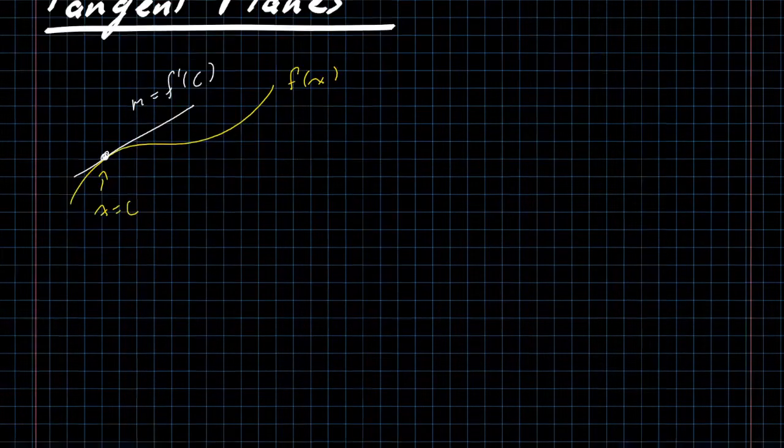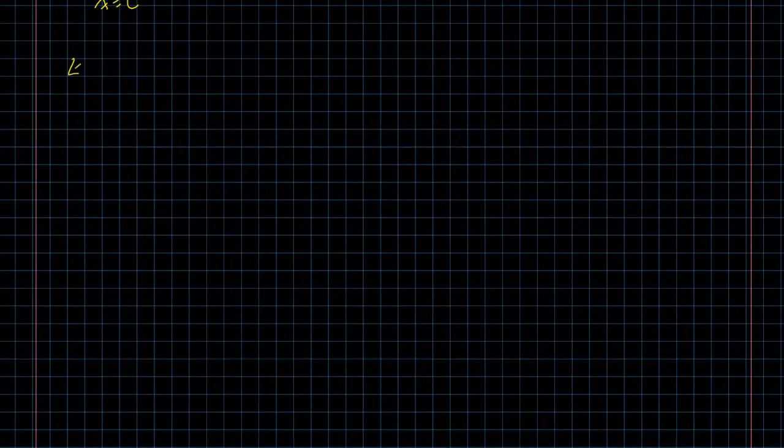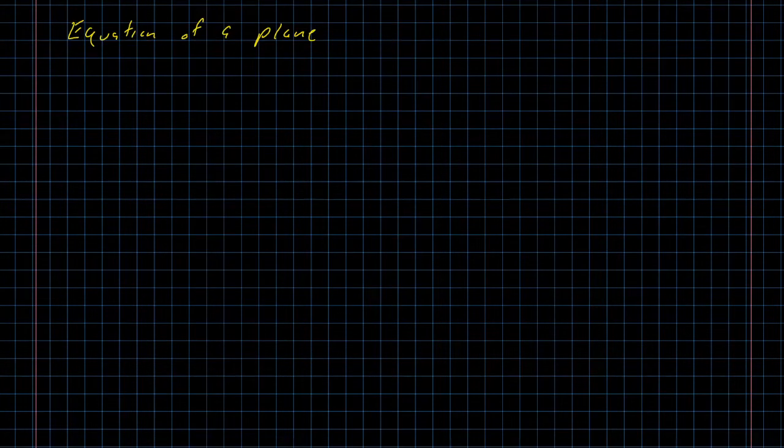And let's recall that in order to write the equation of a plane, we want a normal vector and a specific point that the plane goes through.